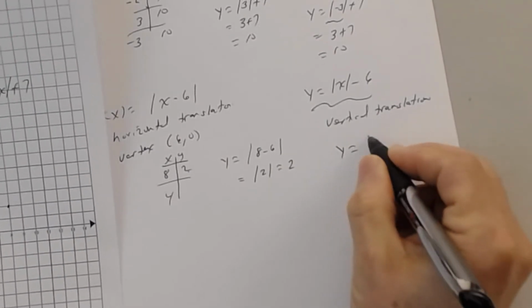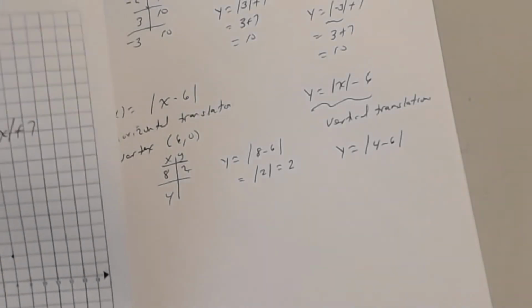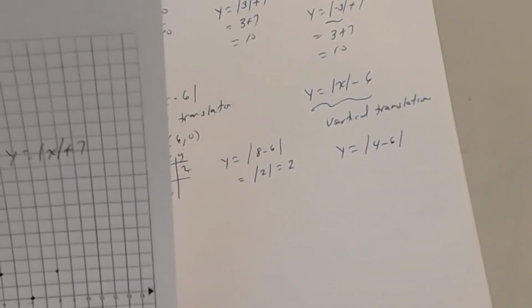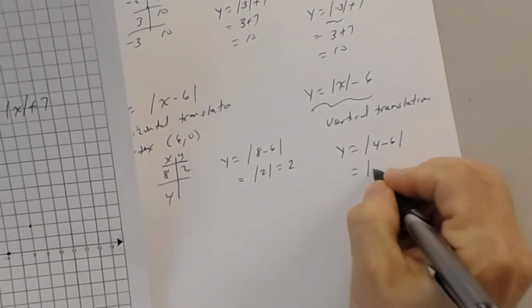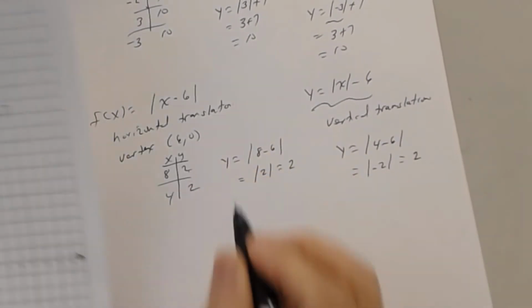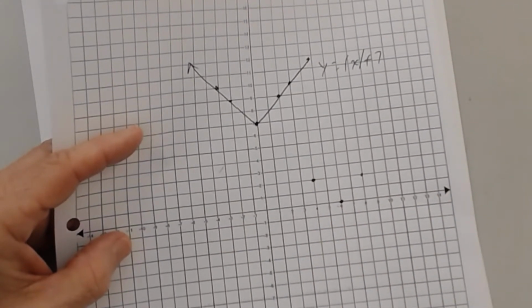I get y equals the absolute value of 4 minus 6. Now be careful. Make sure it's mathematically correct. What is 4 subtract 6? So this becomes the absolute value of -2. What's the absolute value of -2? 2.